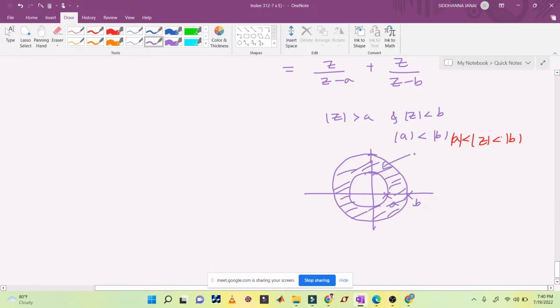This is our ROC, or region of convergence. Inside this there is no convergence, outside also no convergence.